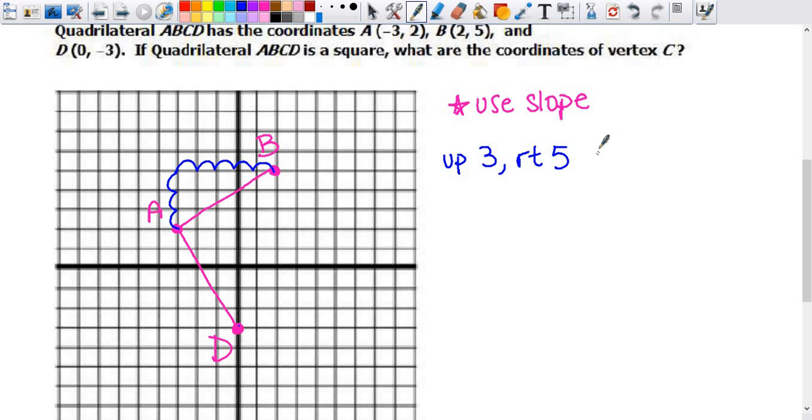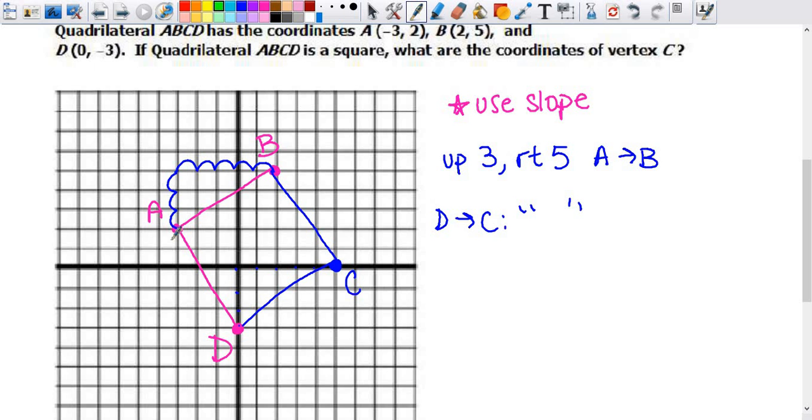So this was to get from A to B. So to get from D to C, I want to do the same thing, okay? So I'm going to go up 1, 2, 3, and then over 1, 2, 3, 4, 5, okay? So that's where I'm going to put point C, and I'm going to connect these and see if that looks like a square. It definitely does, and then you can go ahead and check the other ones too.